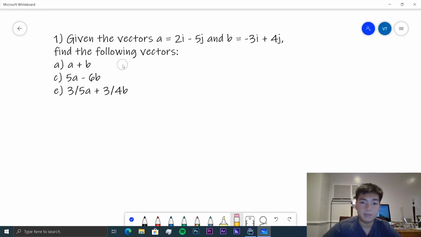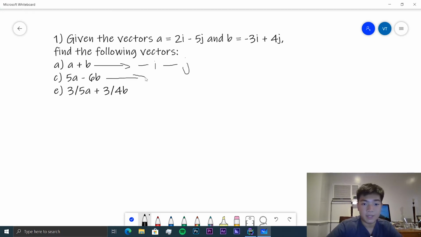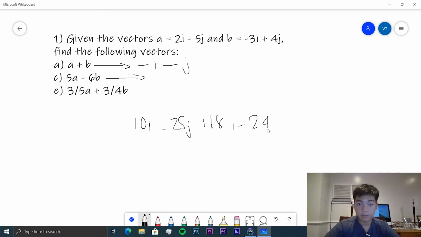So this a plus b, we can add the components, so this is 2 minus 3, which is negative i, and negative 5 plus 4, which is minus j. Okay, next we have 5a minus 6b, which is equal to 10i minus 25j plus 18i minus 24j.